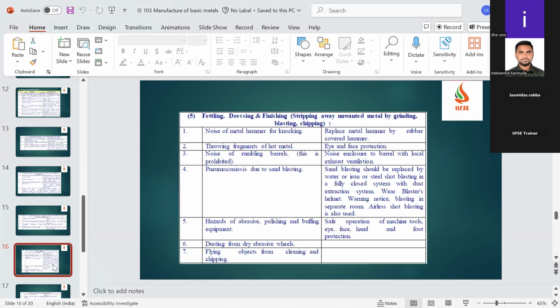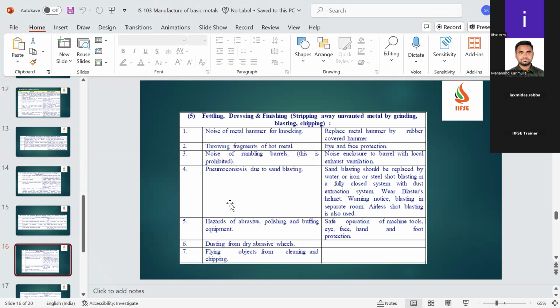Then the fettling activity. As I mentioned here also, noise from metal hammers knocking, then throwing fragments of hot metal, then noise from rubbing the barrels. Then pneumoconiosis due to sand blasting, which is exposure to sand dust, and hazards of abrasion, polishing and buffing equipment.